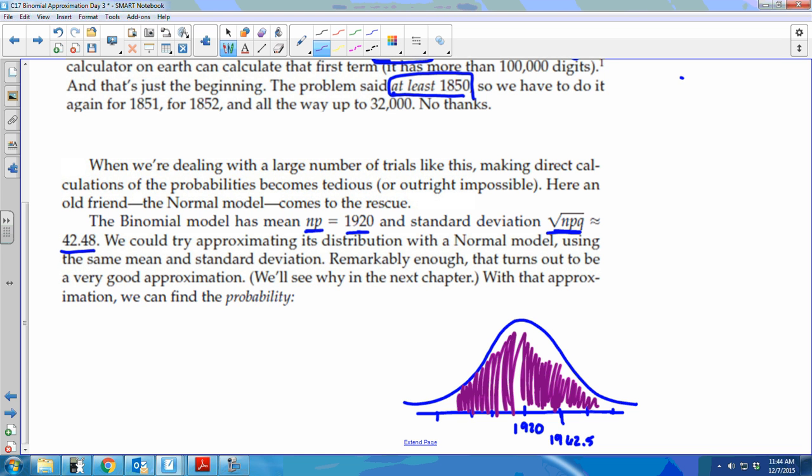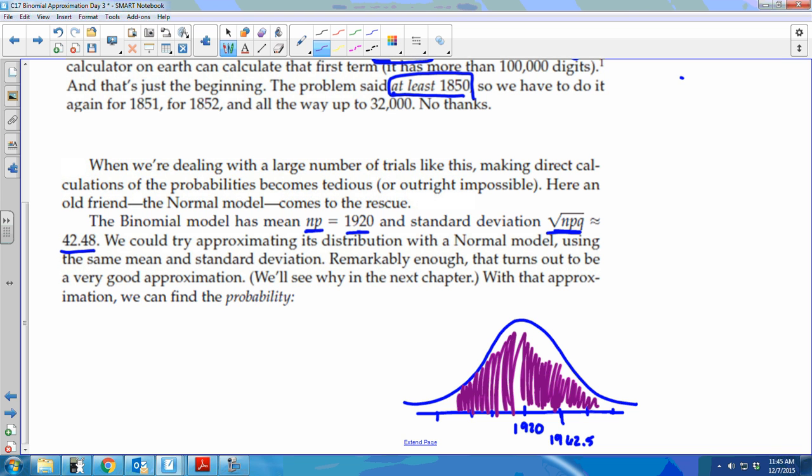Normal probabilities allow you to put in boundaries. I want to go from this number to this number with this mean and this standard deviation, right? It's rather straightforward. So that's why I think that maybe you'll be more comfortable with that. Maybe you won't be, and you want to use the binomial model, and that's fine. But I would just be able to go into normal CDF and I went from 1,850 units of blood to quote-unquote infinity units of blood, with a mean of 1,920 and a standard deviation of 42.5.